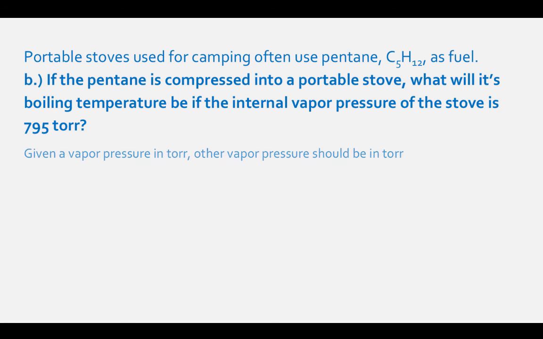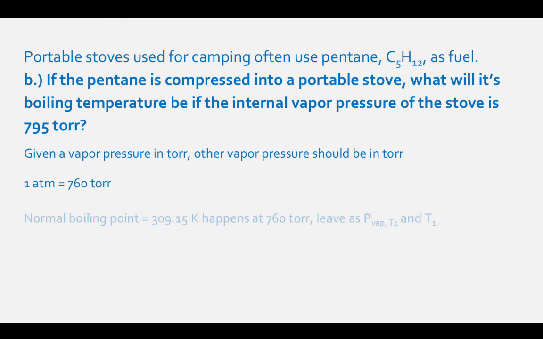Do we need to convert any of the units? Since we are given a vapor pressure in torr, we should express our other vapor pressure in torr. The easiest way to do this is to remember that 1 atmosphere equals 760 torr.